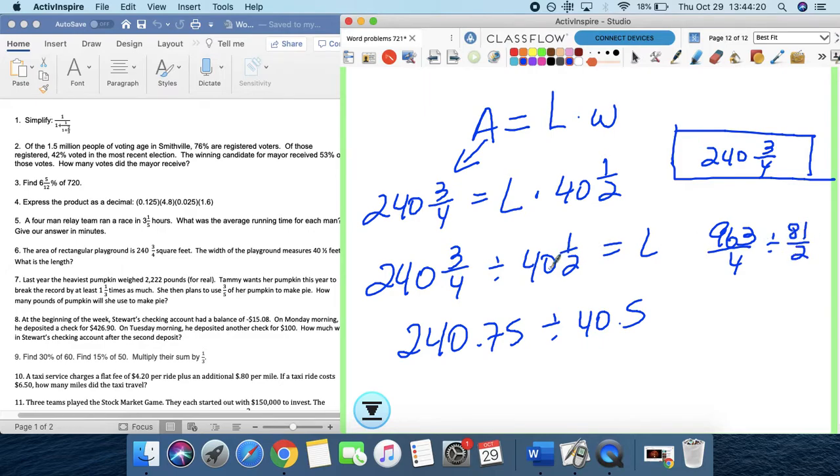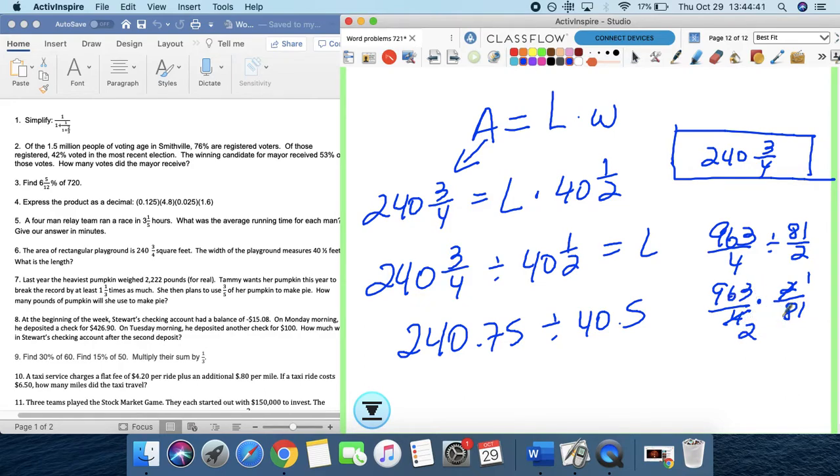Right? 40 times 2 is 80 plus 1, 81 over 2. Change that, it becomes 2 over 81. Hopefully that divides nicely. No, it doesn't divide. But the only thing we can simplify is this 4 over here, and that becomes a 2.